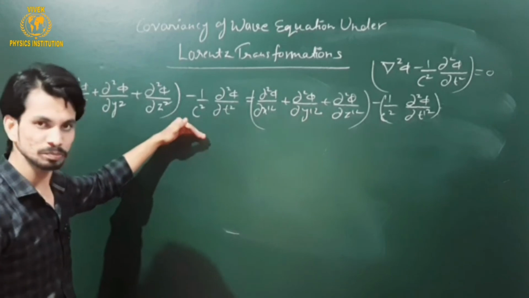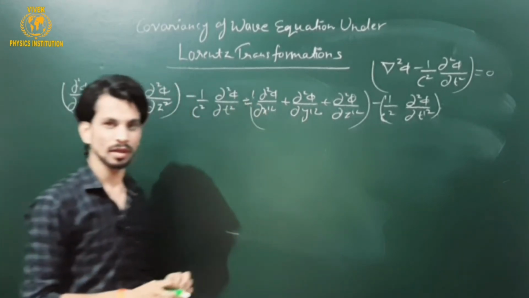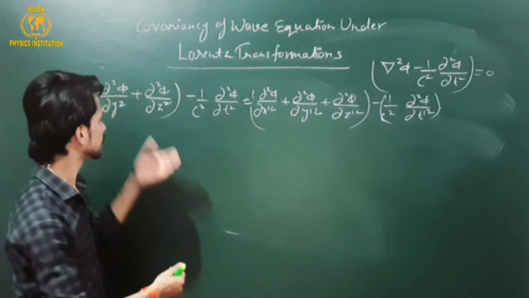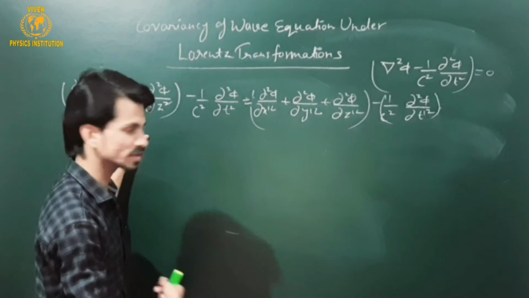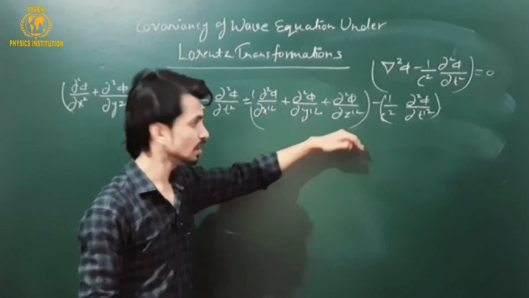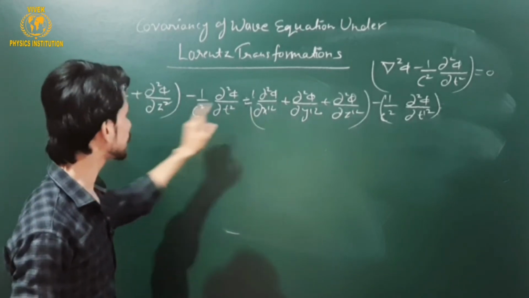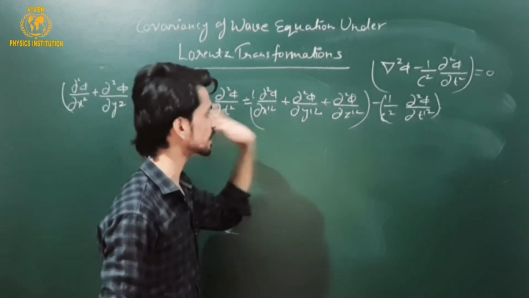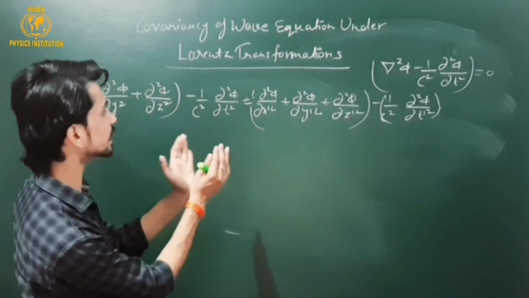This is what we will get if I am able to prove it after applying the Lorentz transformation. If I get the LHS of this equation as this RHS, you can easily see here x is replaced by x dash, y by y dash, z by z dash, t by t dash, and there is no change in the physical structure.